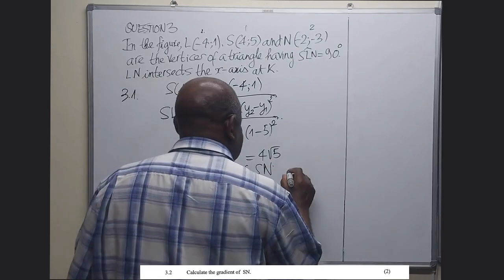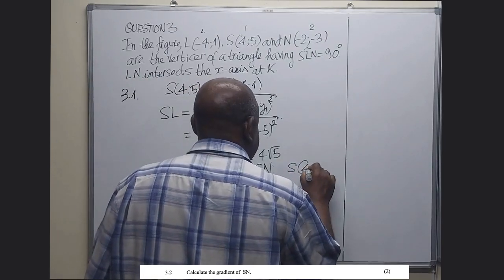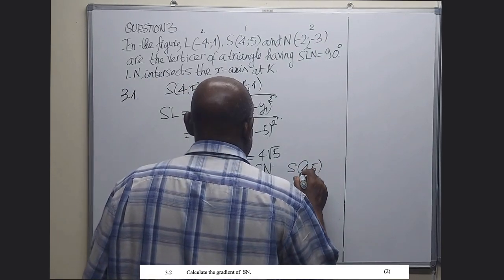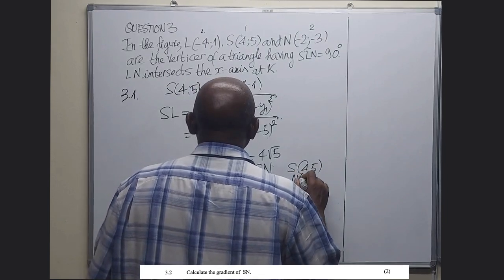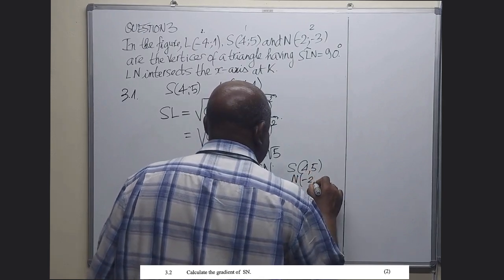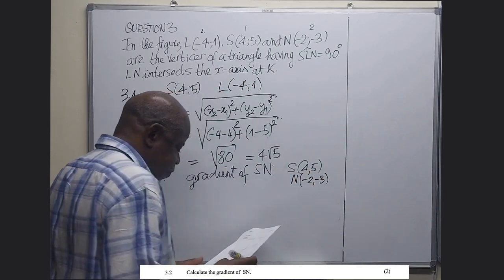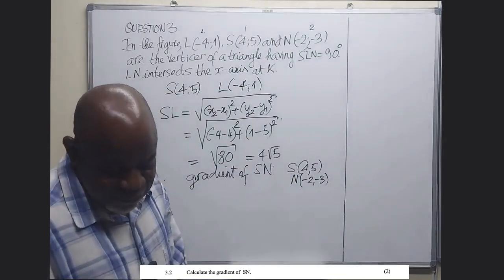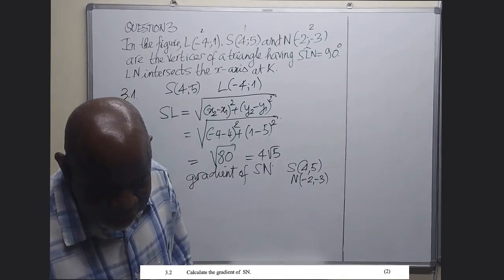The coordinate of S is (4, 5), and the coordinate of N is (-2, -3). So you remember the formula for the gradient of a line.